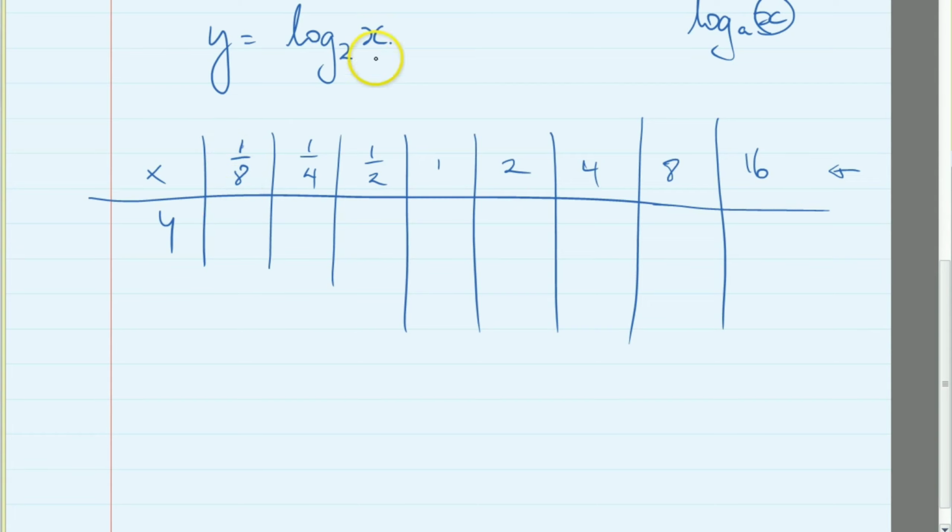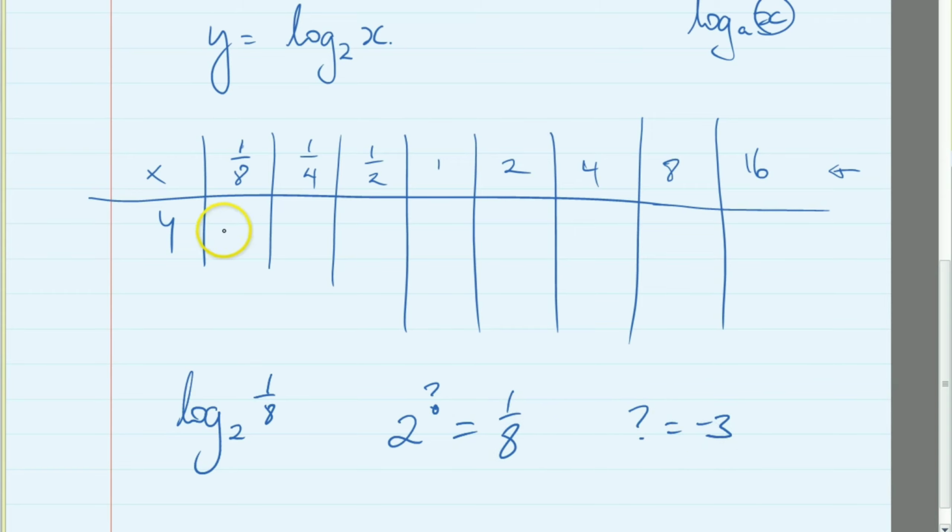So remember, log base 2 of 1/8 says 2 to what power is equal to 1/8, and obviously here the question mark must equal -3. So this is -3, this will be -2, -1, anything to the power of 0 is 1, this becomes 1, 2, 3, and this will be 4.